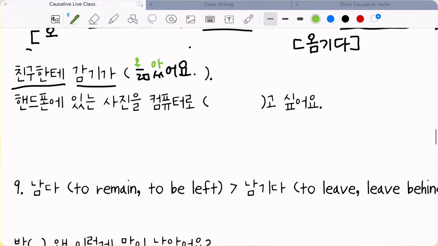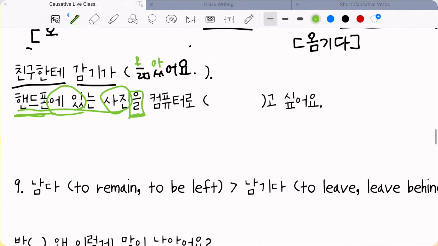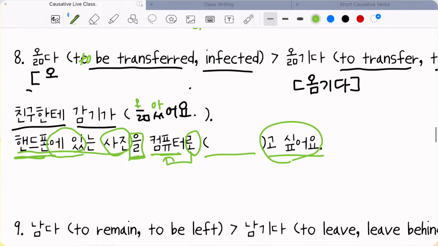And the next one, 핸드폰에 있는 사진을, the photos in my phone, 이거를 컴퓨터로 to my computer, to my desktop, 옮기고 싶어요. Basically, I want to move the photos on my phone to my desktop.